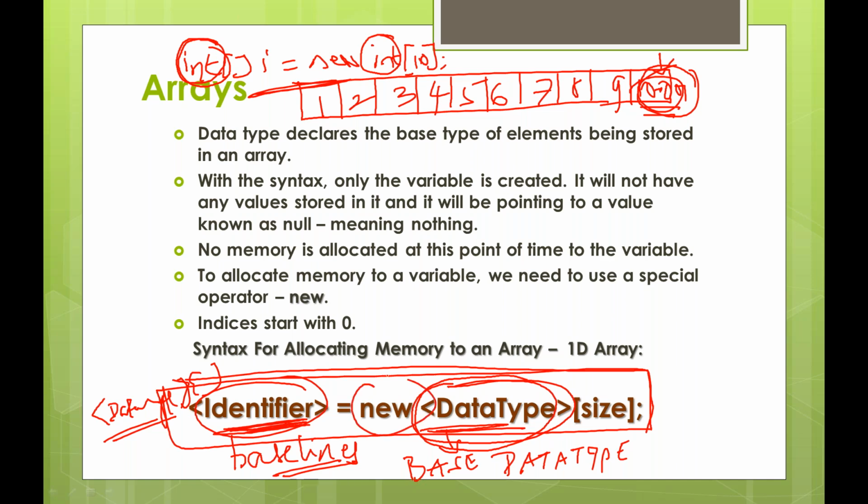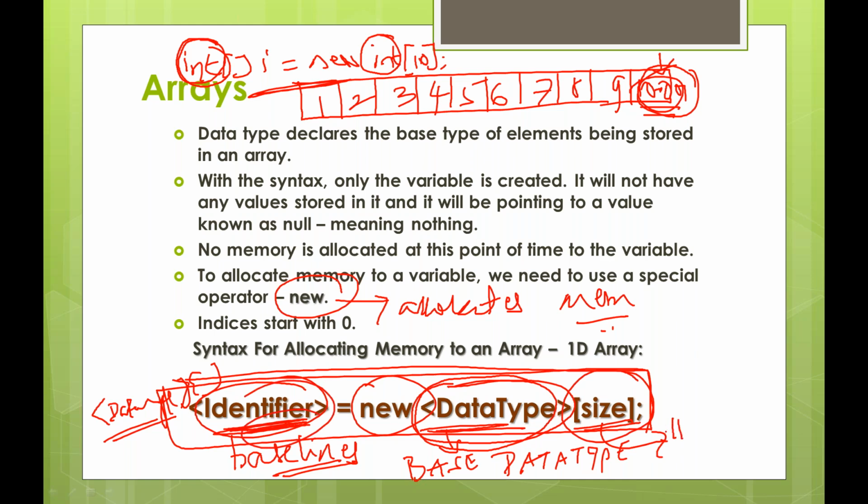You specify the new operator, which allocates memory from your physical memory, and then you specify the size. The size specifies how many bytes need to be allocated for this identifier.